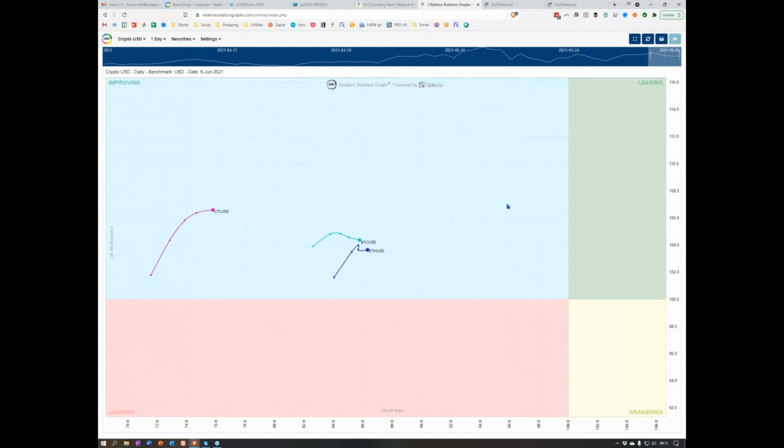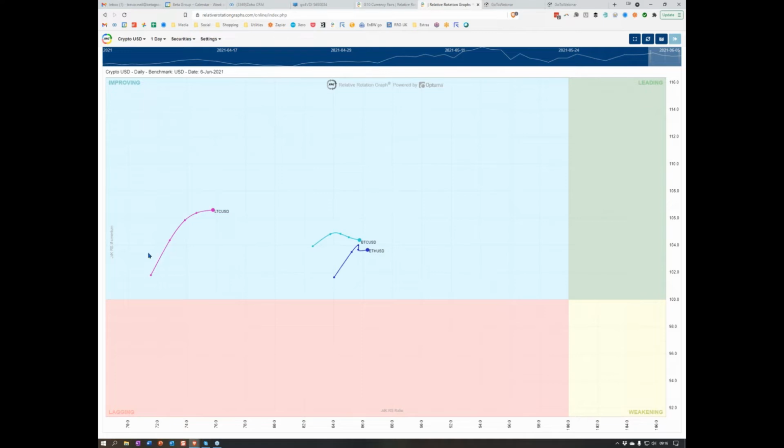Okay. All right. Well, we have had a terrible crash in the cryptos, and even with the weak dollar, the cryptos are underperforming the dollar, so they're really worse than the dollar. So here is the dollar and here I've got Ethereum, Bitcoin, and Litecoin, the worst of all here.